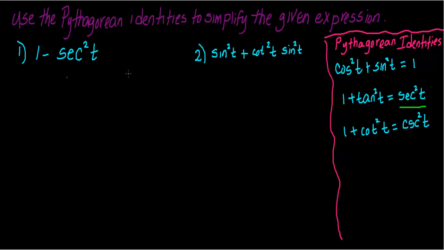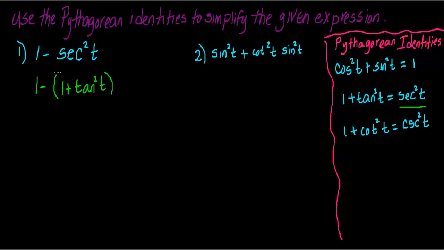So I'm going to go ahead and use this identity, and this becomes 1 minus. And since I have a minus, I'm going to write a parenthesis because this minus is going to affect everything that I write inside this parenthesis. 1 plus tangent squared of t. Now secant squared of t, I substituted for what that is, which is 1 plus tangent squared of t.